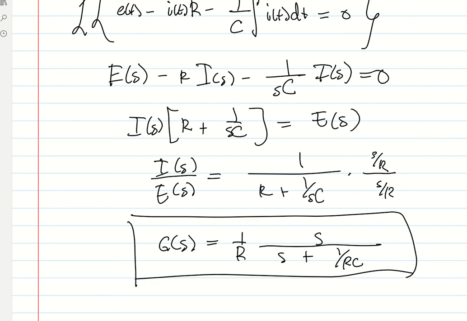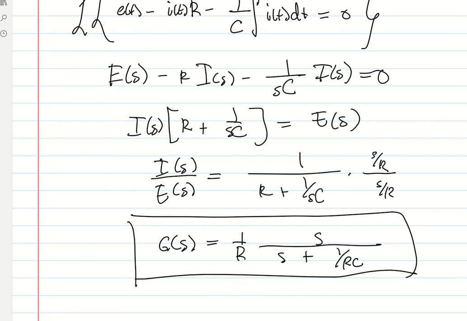We did this because if you look at the Laplace table, you can take the inverse Laplace directly using the formula. So it's better to simplify the transfer function into this form. This is our RC network.